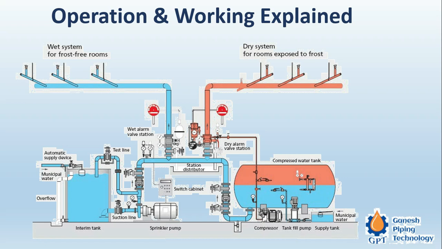So what happens when there is a fire event? The bulb will fuse and momentarily the gas will start coming out of it. That gas will not lower the temperature of the surrounding or extinguish the fire, but when this gas starts coming out of the pipe, immediately there will be a pressure drop in the pipe.